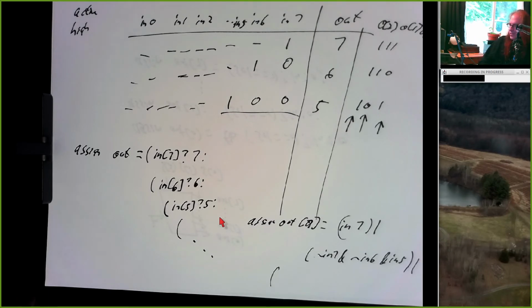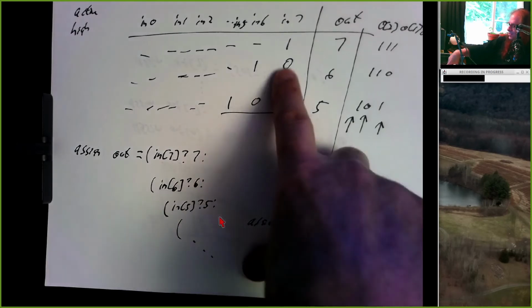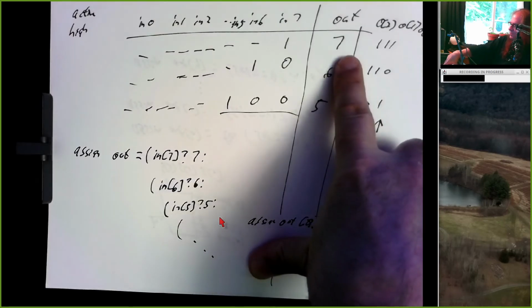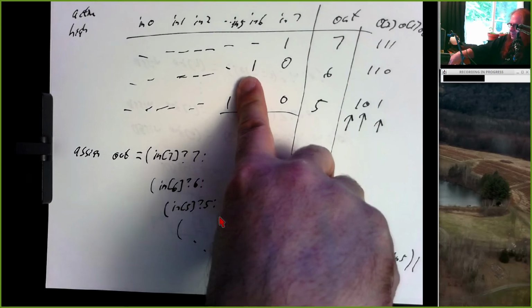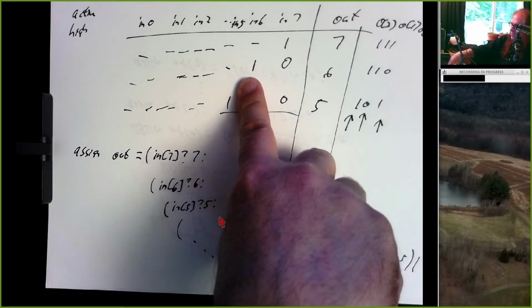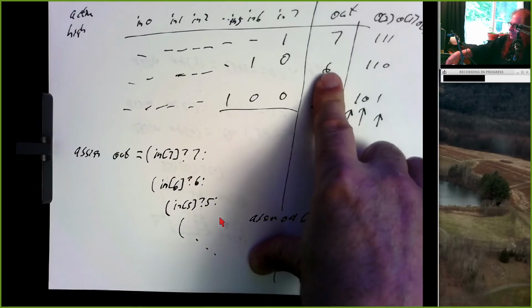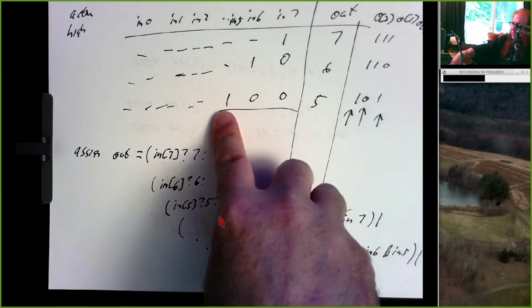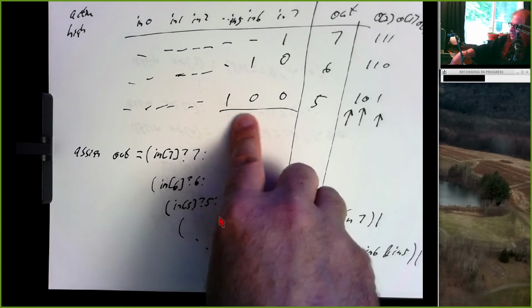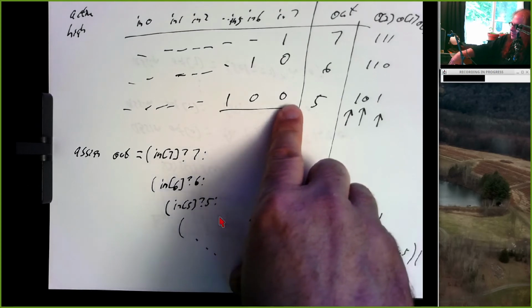But if you put a clock in, then you could say, always at the clock edge, and now you could write a series of if statements. If in 7 equals 1, then output equals 7. Else, if in 6 equals 1, which means in 7 must have been a 0, then output equals 6. Else, if in 5 equals 1, and the only way that if is going to be executed is if also in 6 was 0 and in 7 was 0.